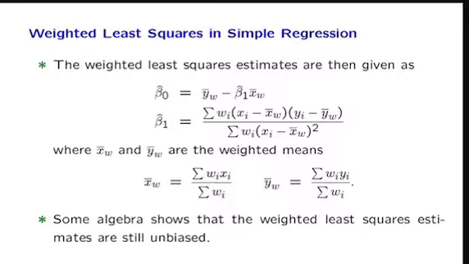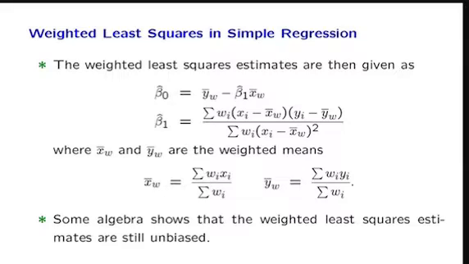Now, what would be my beta naught? What would be my beta 1? If you take a look at my beta 1, it would be in terms of weight. So you can see the weight coming in. And let me tell you, the new beta naught and the new beta 1 that you obtain will no longer be called OLS estimates. They will be called WLS estimates.